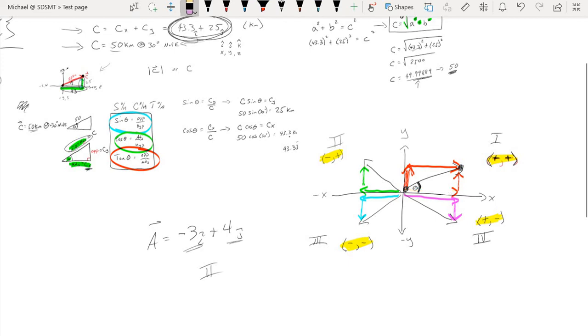The one problem that you are going to run into, however, let's take that vector as we've drawn it now. I still have the same x and y components, but now if you notice, your theta value is no longer inside of your right triangle.